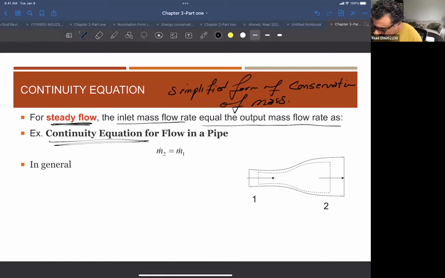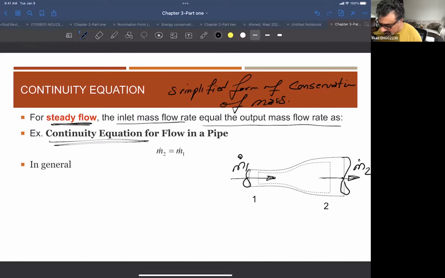So you can see here, imagine I have a simple pipe like this, flow coming in, flow going out, M1 flow rate, and this is M2, right? So this is basically equal. That means both of them are the same because it's steady flow, because no change with time. So there is no accumulation inside. There is no variation inside with time.